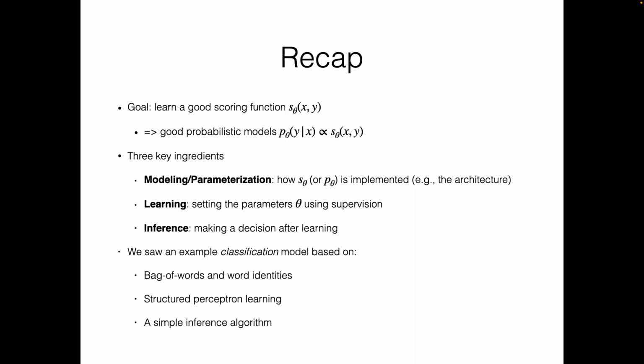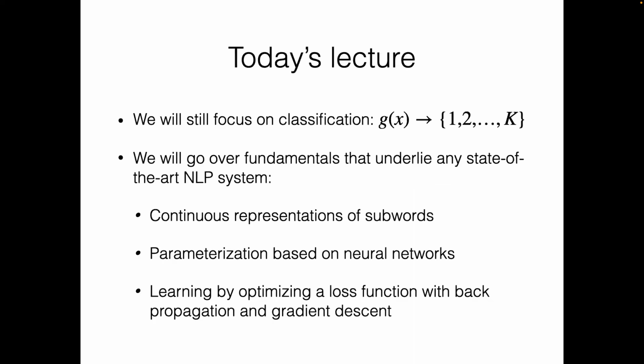This time we'll build this into something more realistic. Again, we're still going to focus in this class on classification, and very soon we'll get to things like generating full strings of text. We're going to go over three main things that actually turn out to appear in some form in basically any state-of-the-art system.